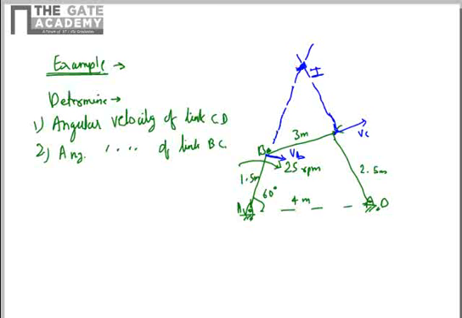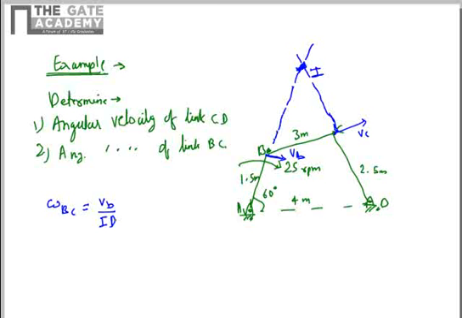So for finding the angular velocity of link BC, we know that the formula is omega BC is equal to VB divided by IB, where IB is the distance from the instantaneous center, and VB is the linear velocity.